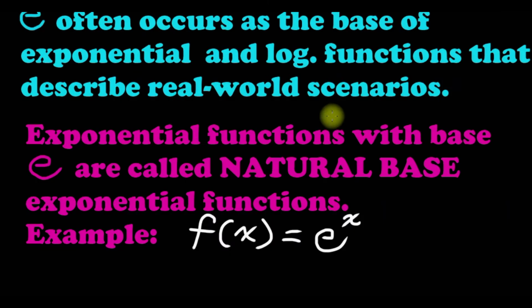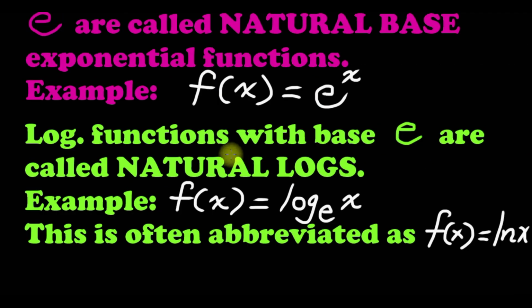Exponential functions with base e are called natural base exponential functions. So this is an example of an exponential function with base e. Now log functions with base e are called natural logs.